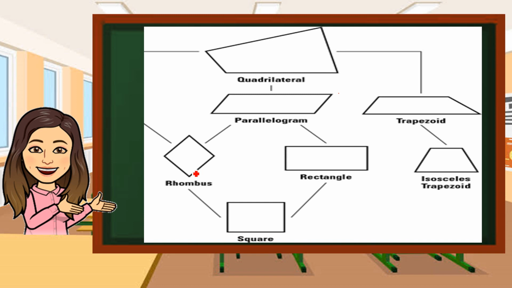Not a right angle. So, as you can see, class, a rhombus has two pairs of parallel sides that are congruent.